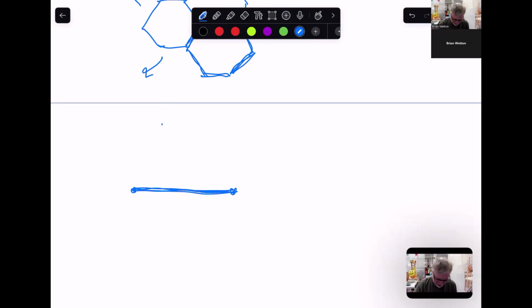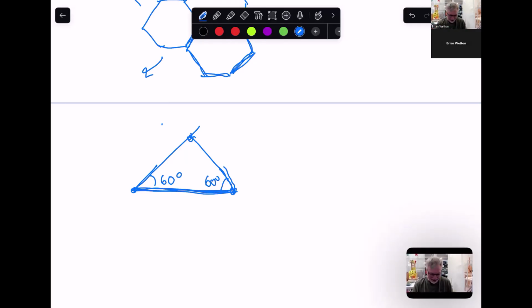Well, we could either measure with a protractor an angle of 60 degrees, 60 degrees here, right? And then draw out that length, and then we'd have an equilateral triangle.